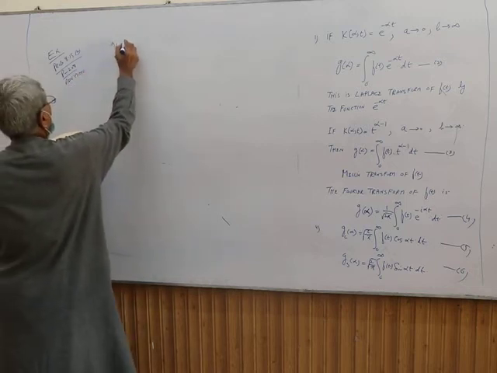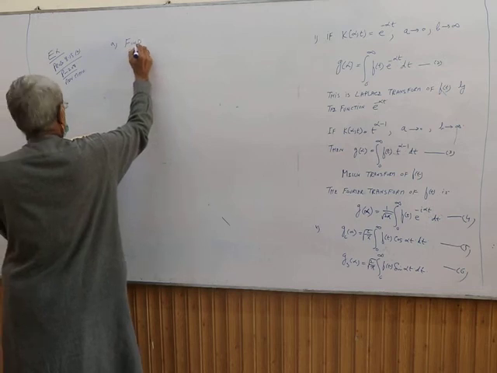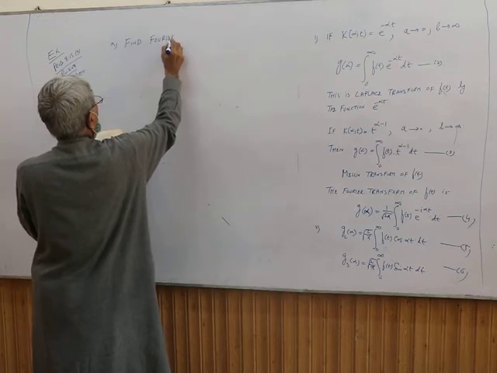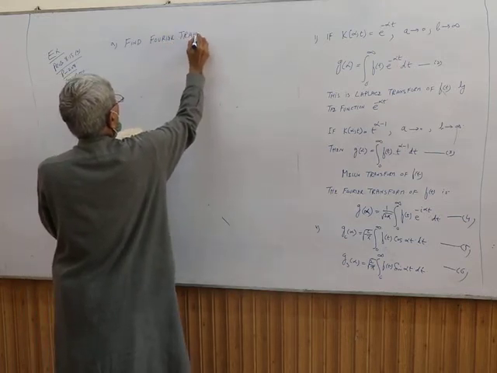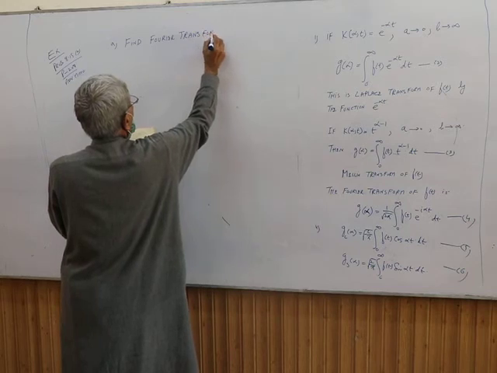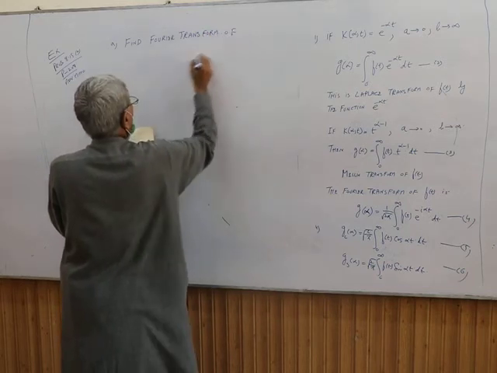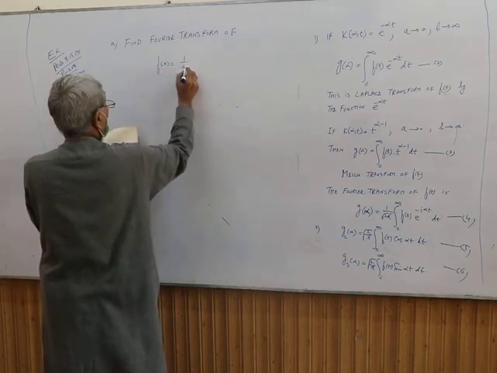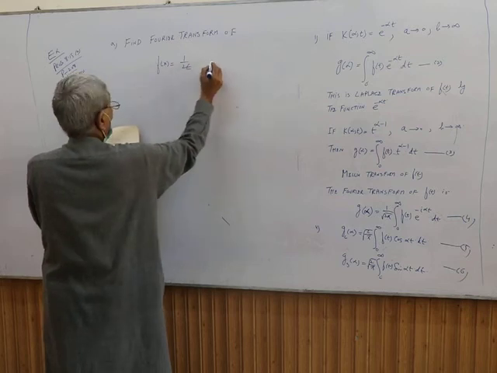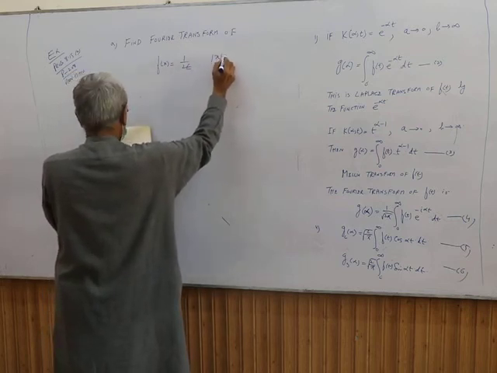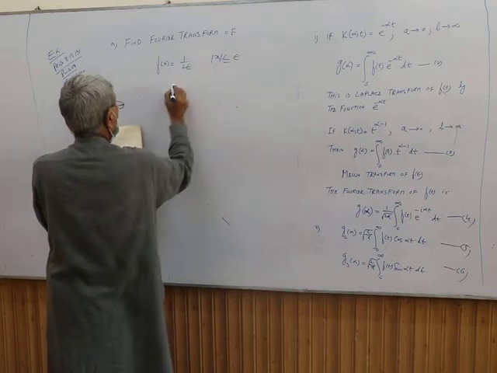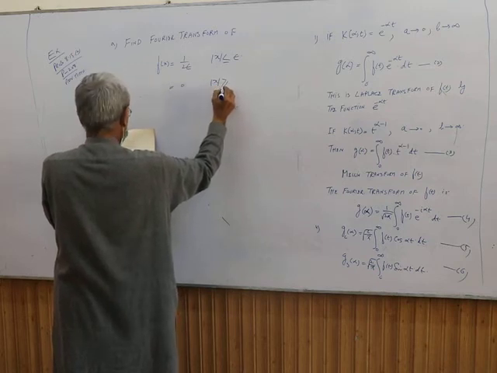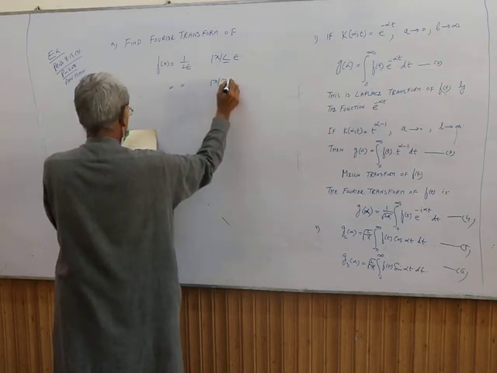Find the Fourier transform of f(x) equals 1 over 2 epsilon, for x positive or negative less than epsilon, and equal to 0 for x positive or negative greater than epsilon.